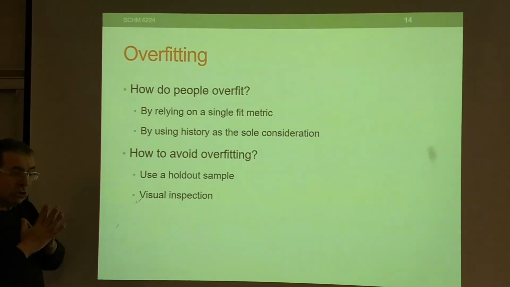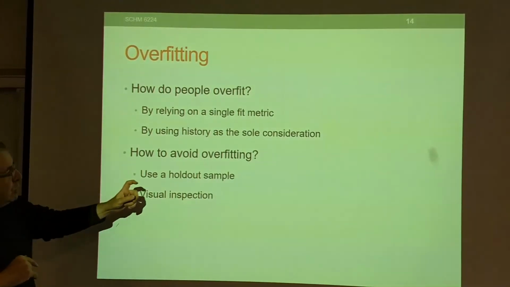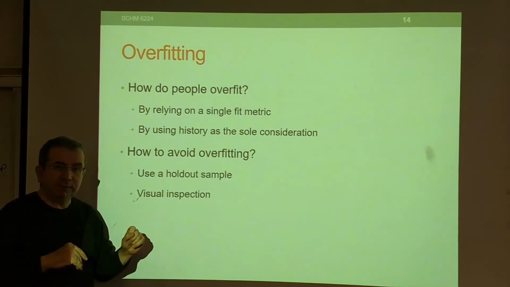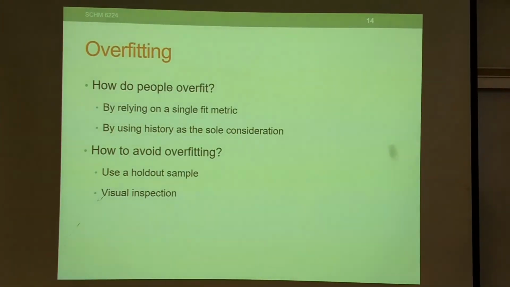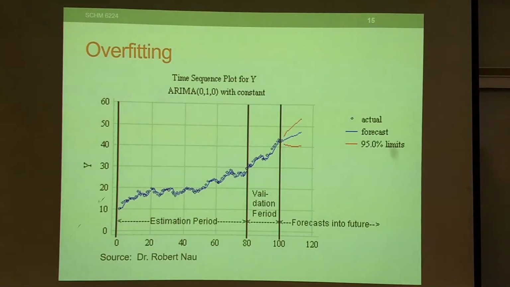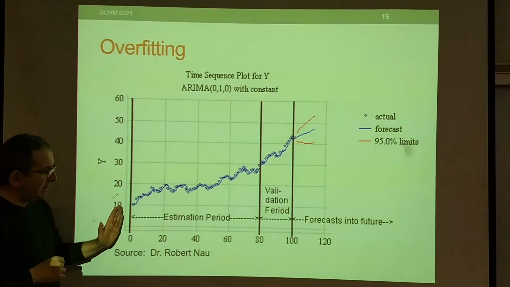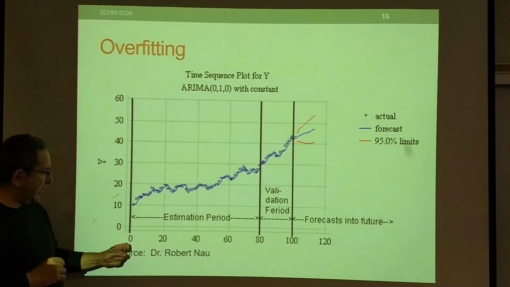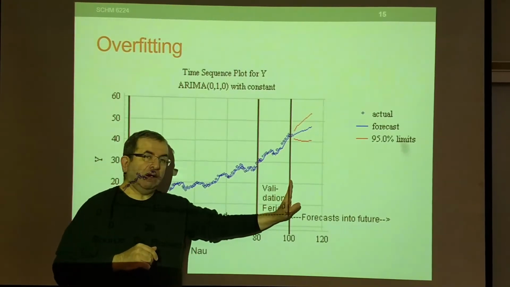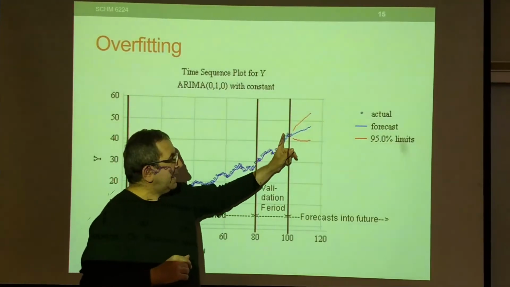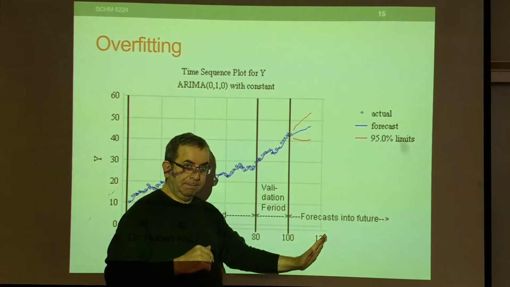Okay, so how can you avoid overfitting? First of all, a very good idea to avoid overfitting is to use a holdout sample and use visual inspection. What is a holdout sample? Let's say you have data that goes from period 0 to period 100. So you have data all the way up to here, and you want to forecast what's going to happen after period 100.